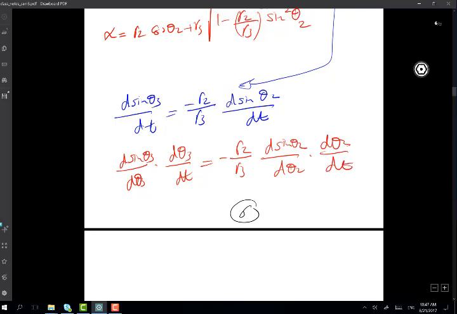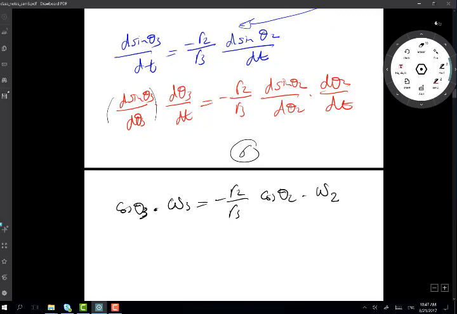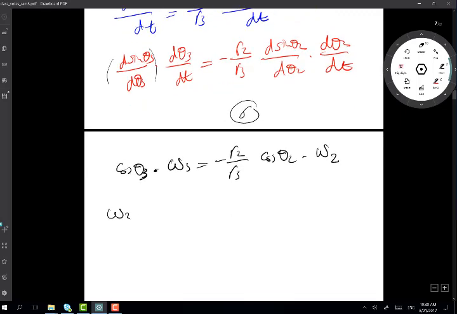And from this expression, I can say cosine theta 3 times omega 3 is equal to minus r2 over r3 cosine theta 2 times omega 2. So I have an expression for omega 3 with cosine theta 3 underneath, and over here I have cosine theta 2 and omega 2.